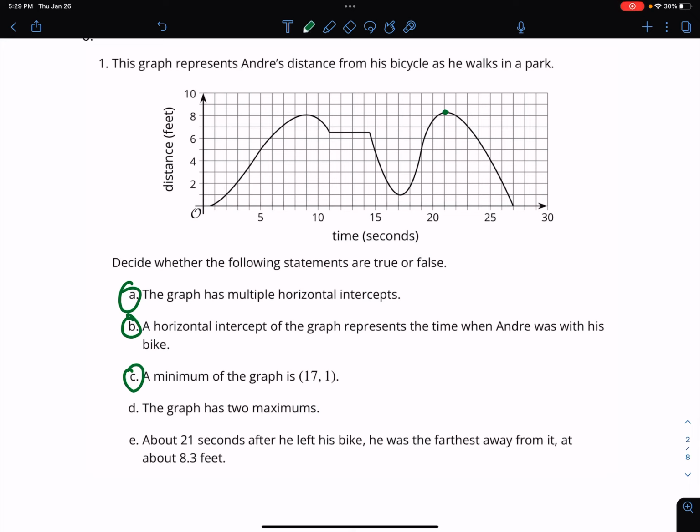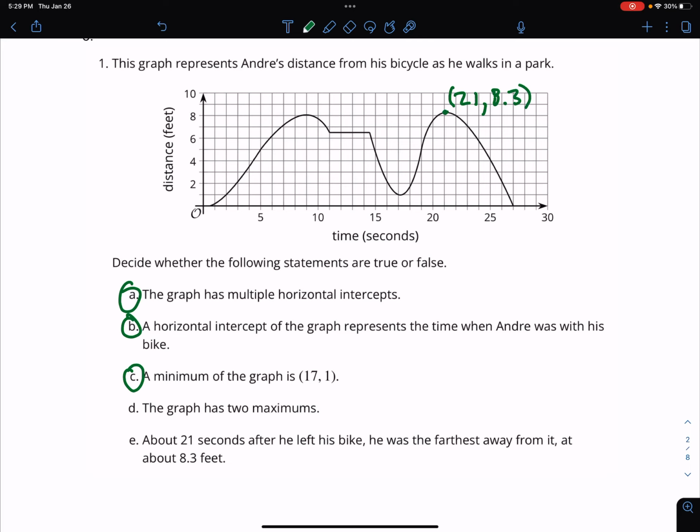This point right here is after 21 seconds, Andre was 8.3 feet away from his bicycle. And this is that maximum I was referring to when we were reading D. It looks pretty true. That's close enough to 8.3 for me.